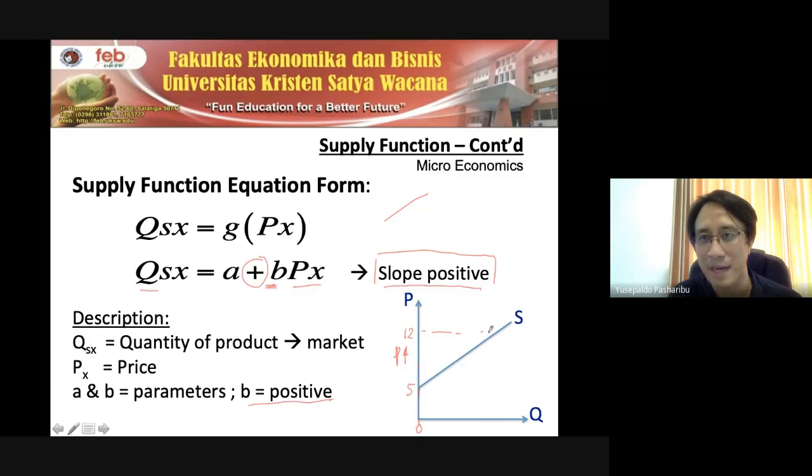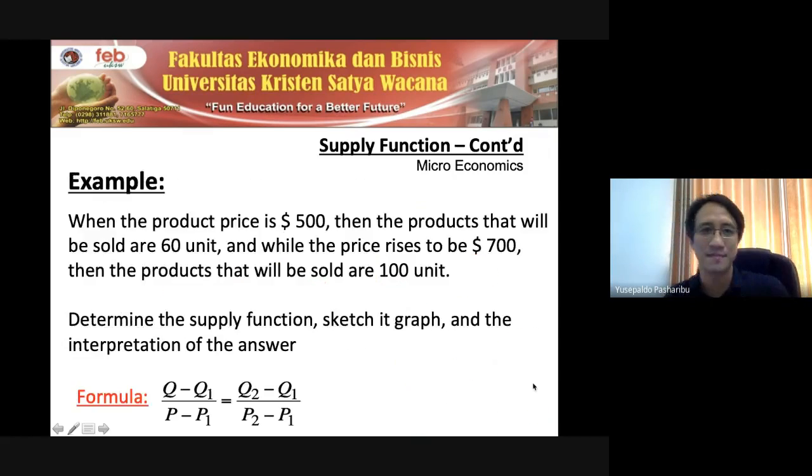But if the price goes up, then maybe 10 or 20 people want to sell that product. This means if the price goes up, then the quantity supplied also goes up or increases. Okay? This is the next example.